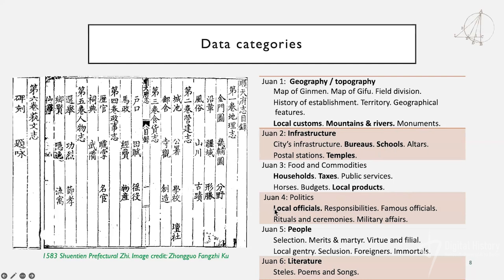And they also list the local officials, list different kinds of people, and then they also give the writings of local literati. So it's very elaborate.